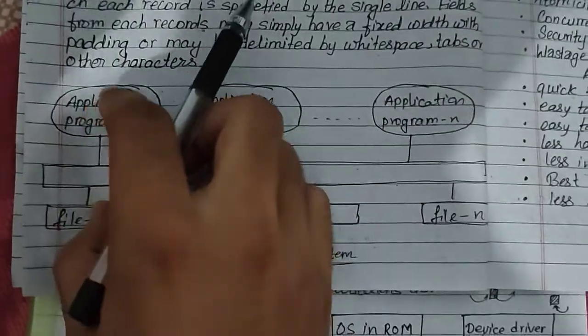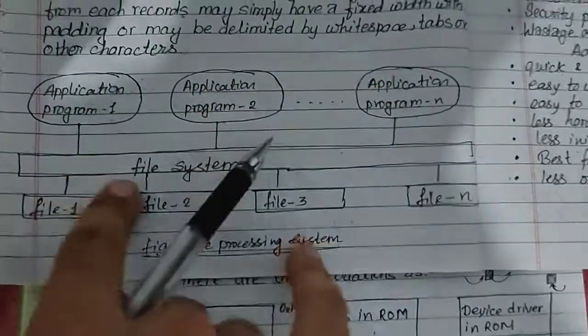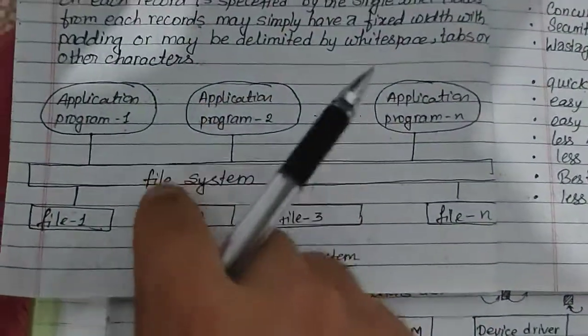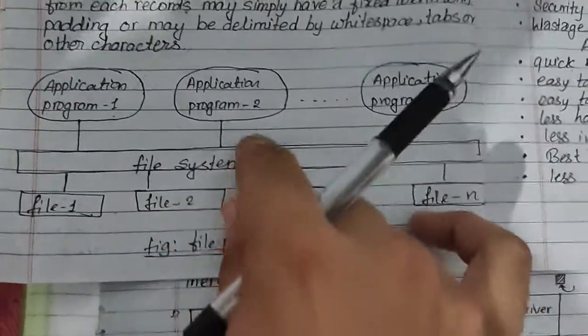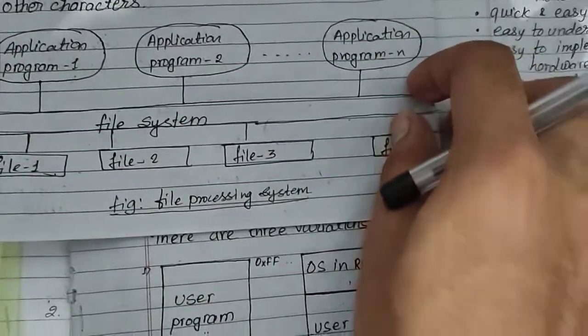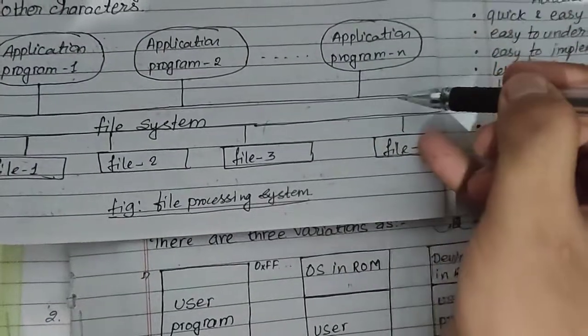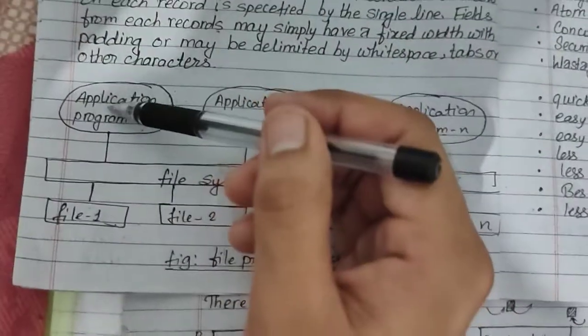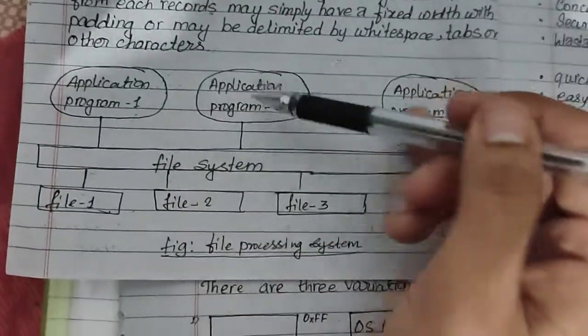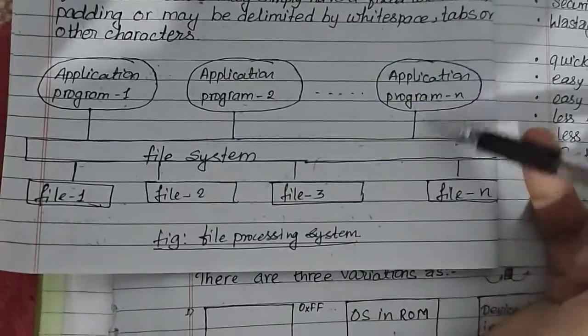File 1 stores the data in the file system, file 2 stores the data, file 3 likewise, and similarly file n stores the data, which are retrieved by application program 1, application program 2, and application program n.